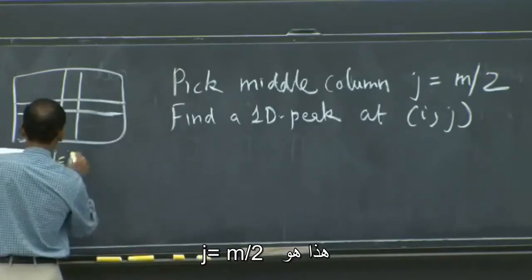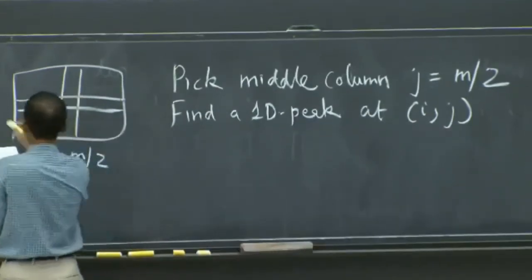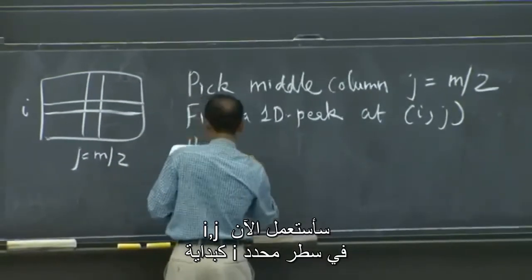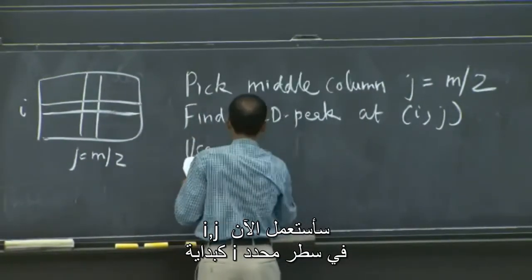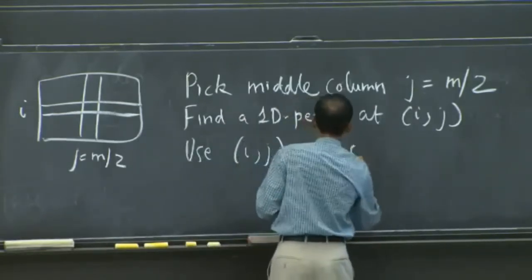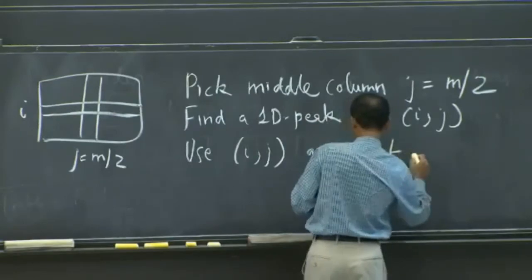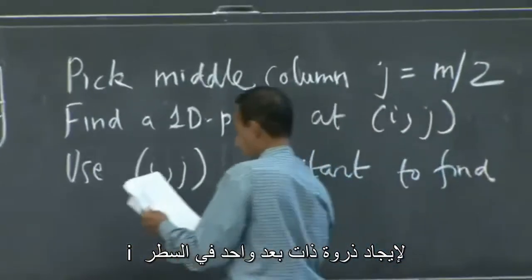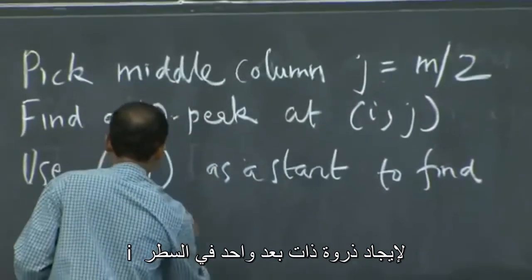So this is j equals m over 2. That's i. Now I use ij, in particular row i, as a start to find a 1D peak on row i.